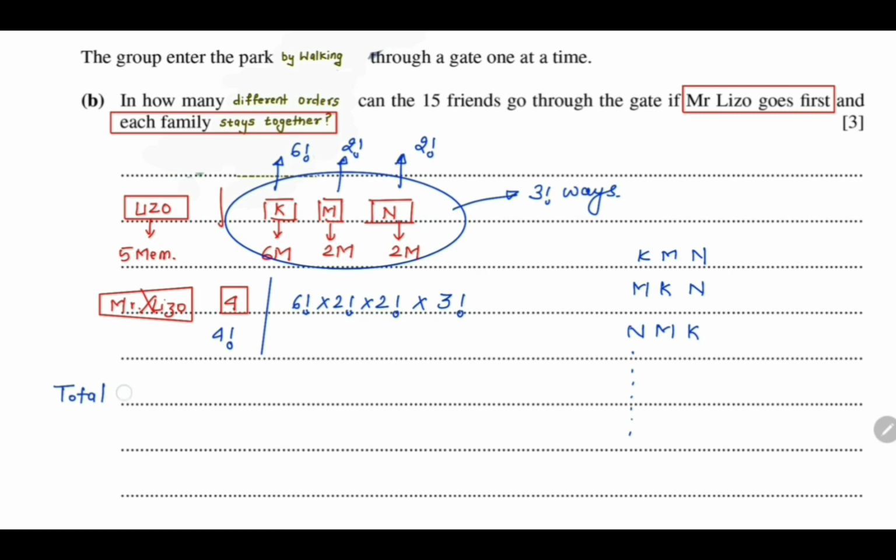Therefore, the total number of ways equals 4 factorial into 6 factorial into 2 factorial into 2 factorial into 3 factorial. You can calculate the answer using your calculator. So now let's get back to the next question.